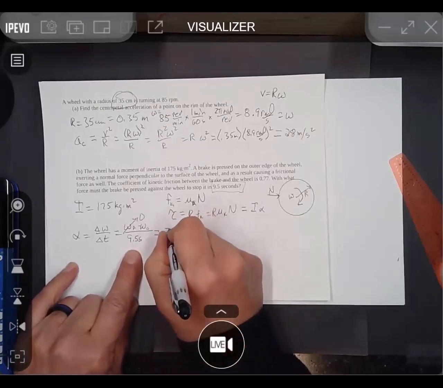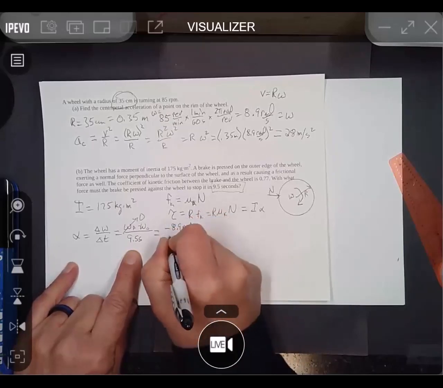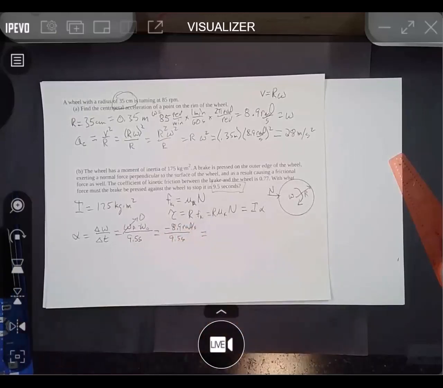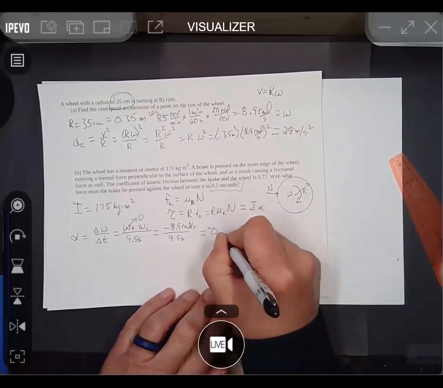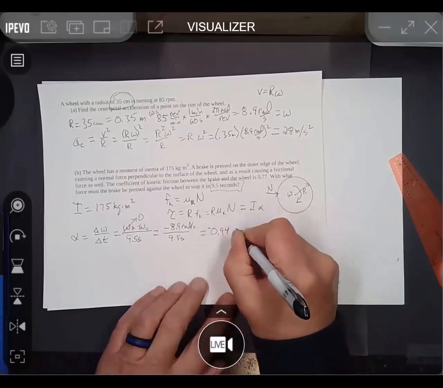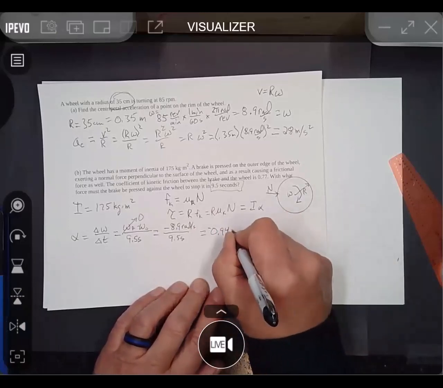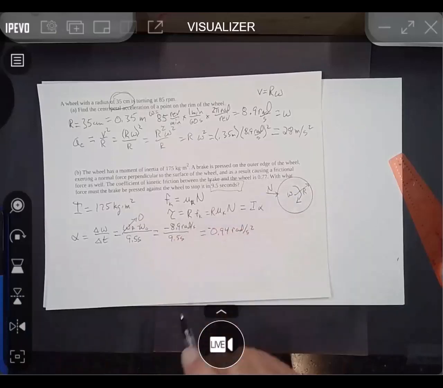And this would be minus 8.9 radians per second divided by 9.5 seconds, or 0.94 with a minus sign, radians per second squared.